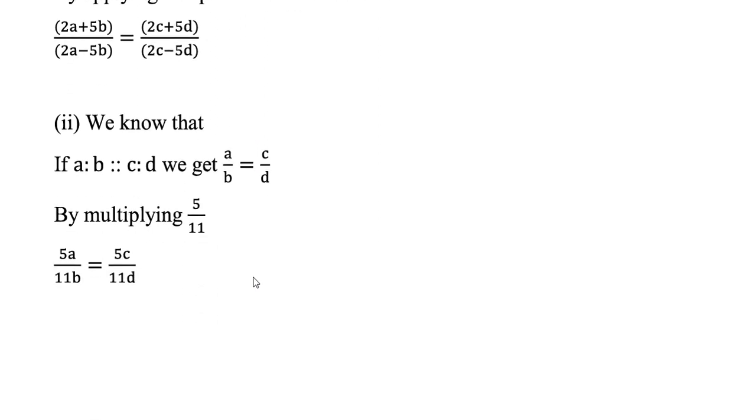Now come to problem number 2. Again, a is to b as c is to d. So we can write a by b is equal to c by d, multiplying by 5 by 11. So 5a by 11b is equal to 5c divided by 11d.